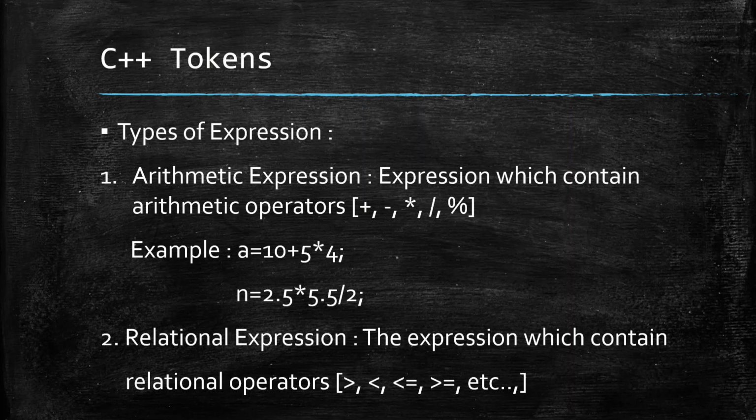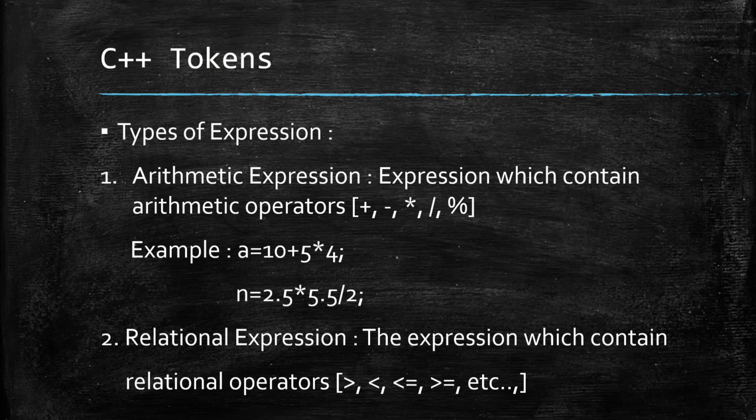The expression which contains arithmetic operators like plus, minus, into, forward slash, modulus. These are all my arithmetic operators, right? So any expression which contains only these arithmetic operators is known as what?